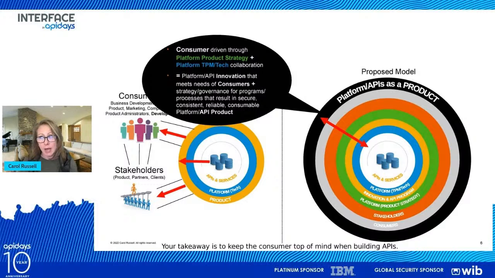And so that's what I mean when I talk about consumers and stakeholders: the business development team, the marketing teams, the administrators, the people who are using your products. Those are the personas, right, that need to be considered.